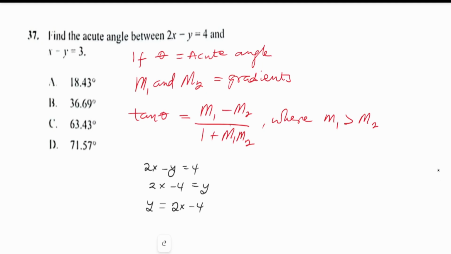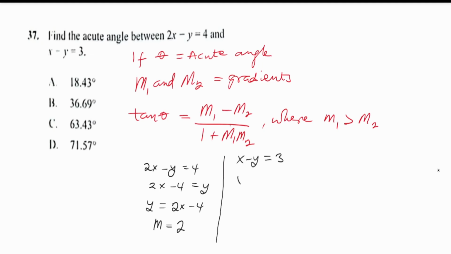And this is the gradient of this line, the 2. But we don't know whether it is the bigger of the two or the smaller of the two here. So let me just write m equals 2. Then when I find the second one, I know which one is bigger. I will know which one to call m1 or m2 because of this condition here. So I take the second one, which is x minus y equals 3. Then doing the same thing, we move this to the right and move this to the left.